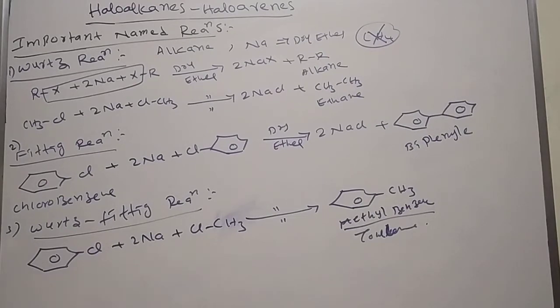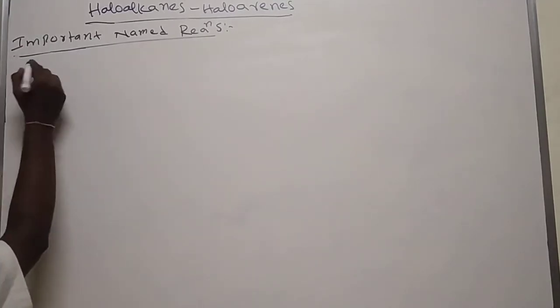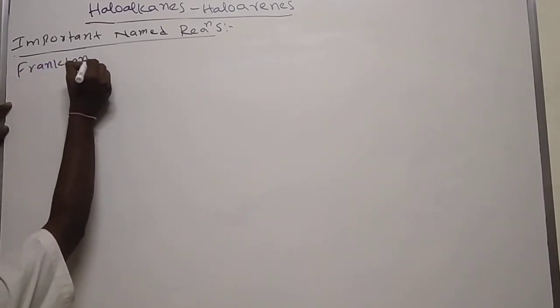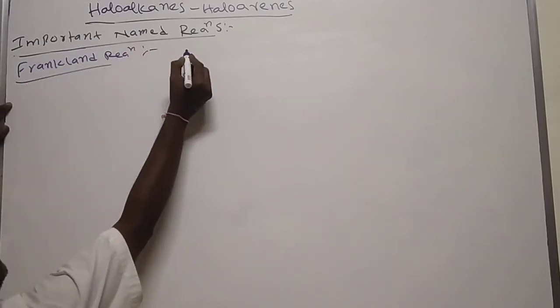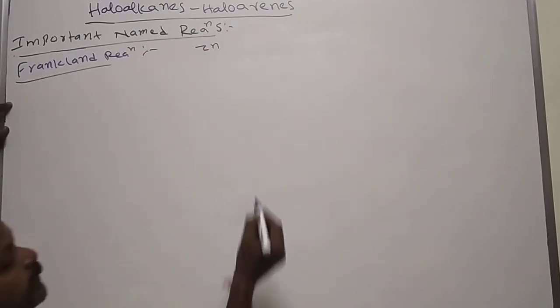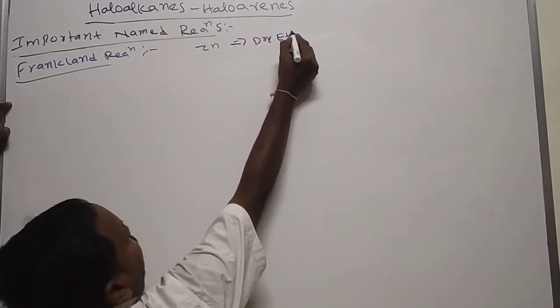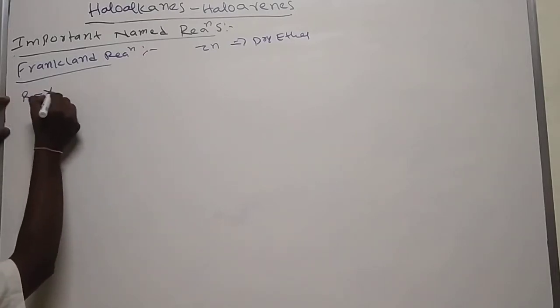In continuation we'll see the extensions of the Wurtz reaction: the Frankland reaction and the Ullmann reaction. First I will do the Frankland reaction. In the Frankland reaction we are using zinc and dry ether as usual. Here I am taking 2 moles of alkyl halide.